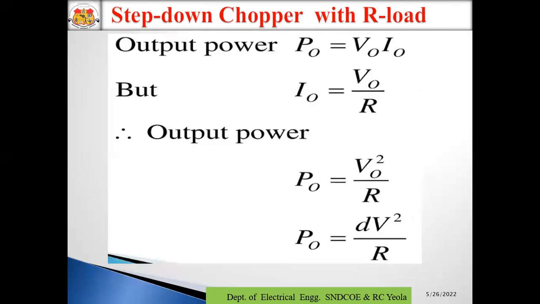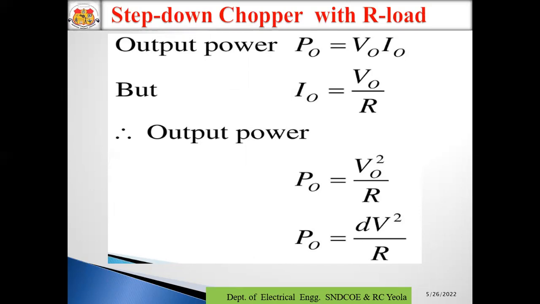Now we will find out the formula for the output power. Output power, that means P. Simply, power is a combination of voltage and current. So we will find the output power equation also. But I0 is equal to V0 by R. So we can put this value in the formula P0 is equal to V0 into I0.